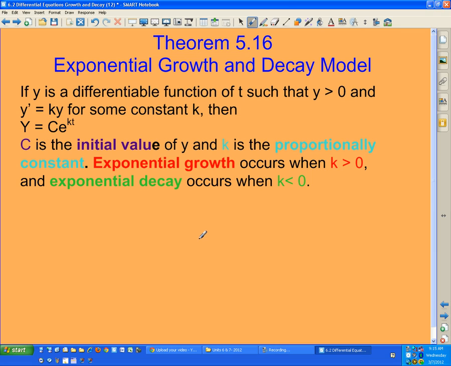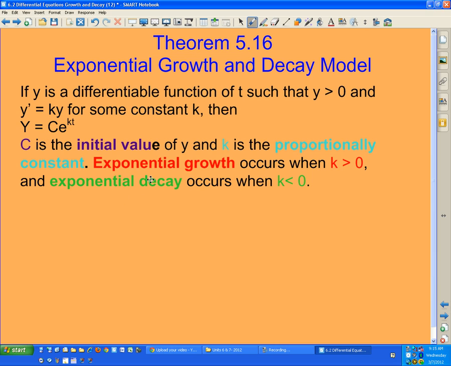Then we're going to talk about exponential growth and decay, and there are some things we need to know. When we're given that y is proportional to another function, we end up with y prime, the rate of change, being proportional to that function. We get something that looks like this. c is our initial value like always, k is our proportionality constant, and we'll be dealing with an exponent.